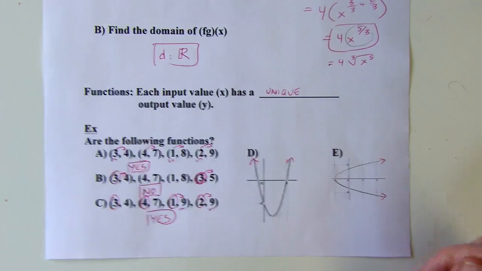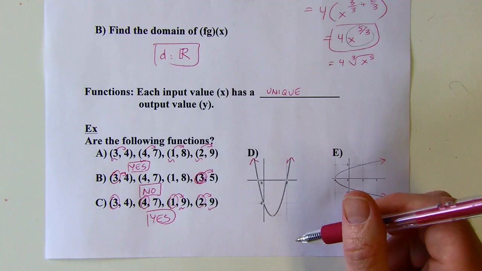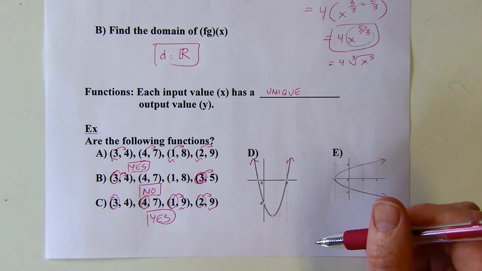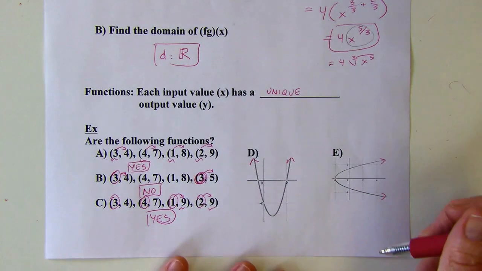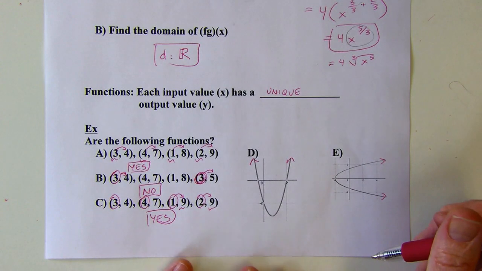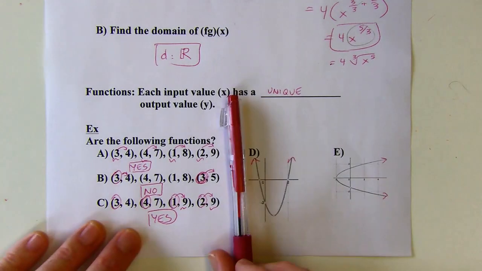Okay, so I don't have a list of ordered pairs, but this is really a bunch of ordered pairs here, okay? And I want to think, is this a function? Well, the easiest way to do this is with a vertical line test, okay? So a vertical line test, here's a vertical line, okay?